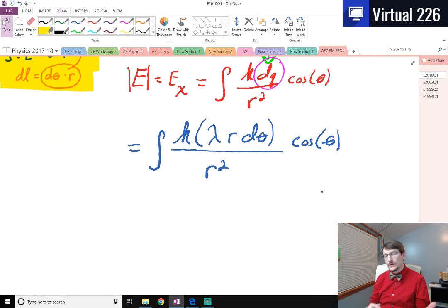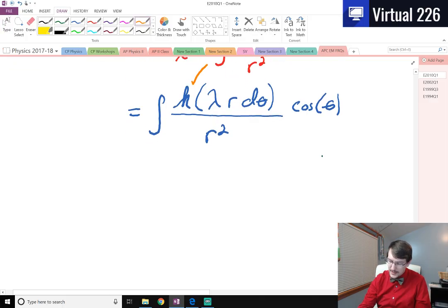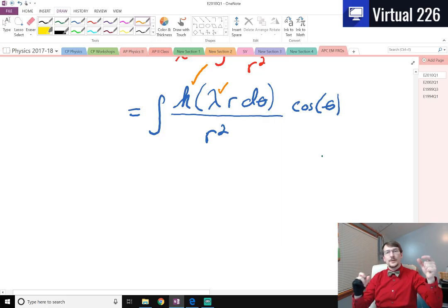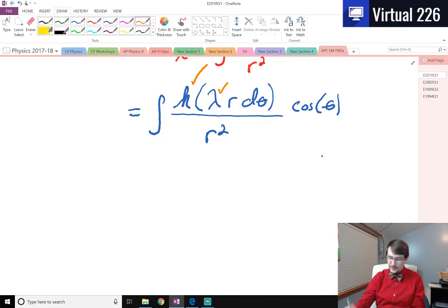Well, we can pull out of the integral any constants we have. K, the electric constant, is a constant. Lambda is a constant. These R values are the distances to point P; it's just the radius of the circle. So these are actually constants, and if we wanted to, we could cancel one of these R's out.